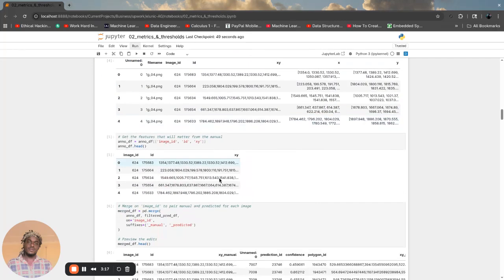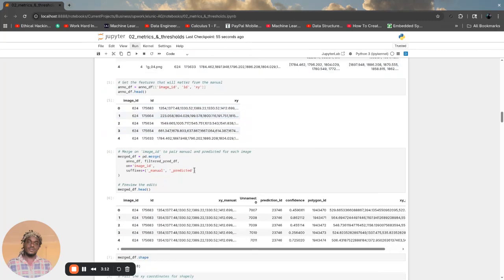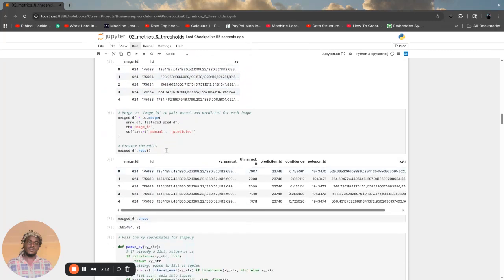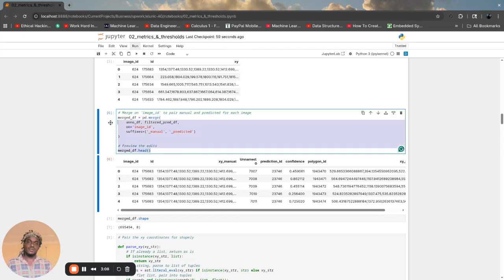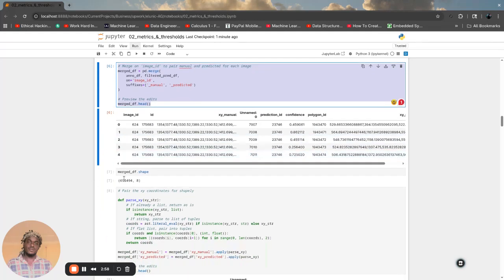So, okay, after matching the defects, I came out with one data set that matched on the image ID. So you see, the resultant data set was more than 600,000 rows.